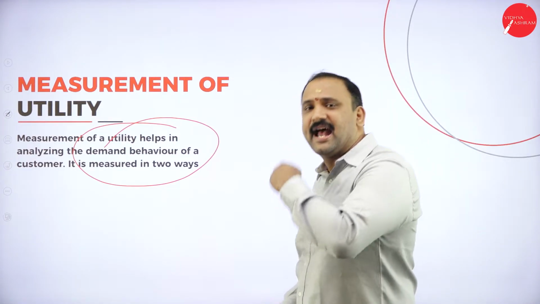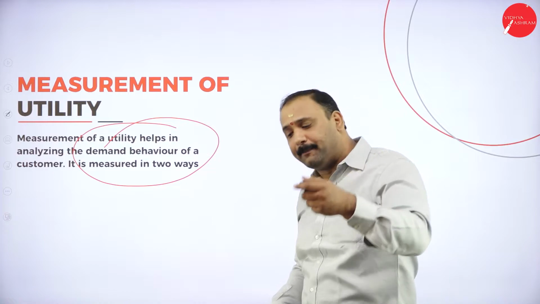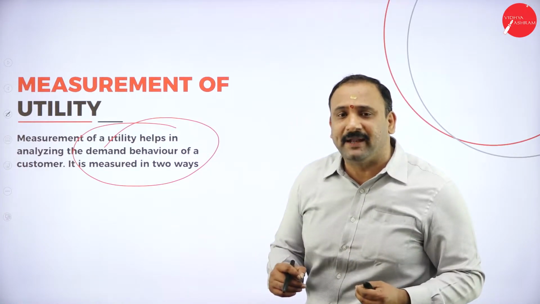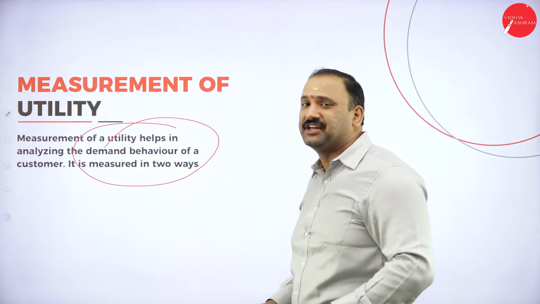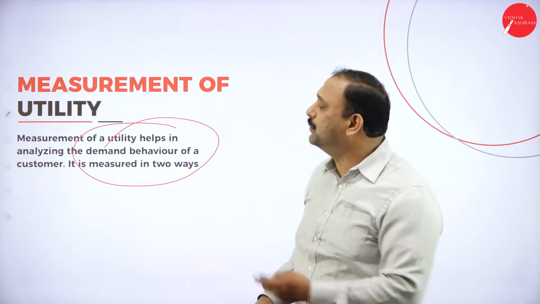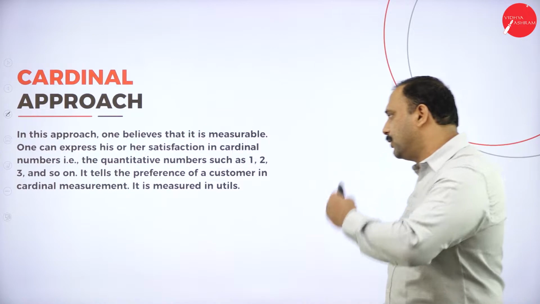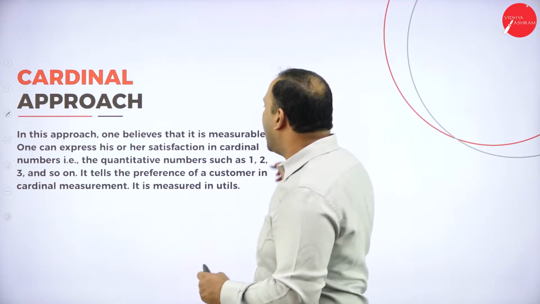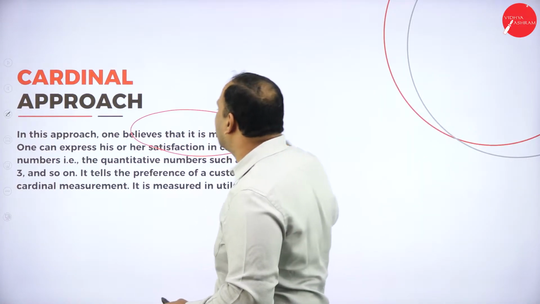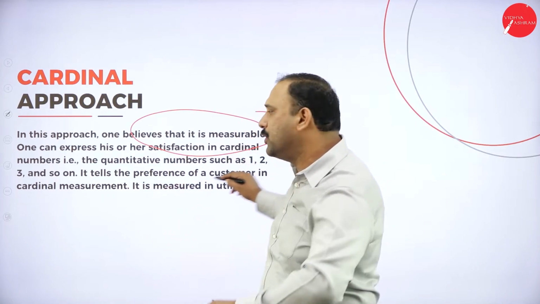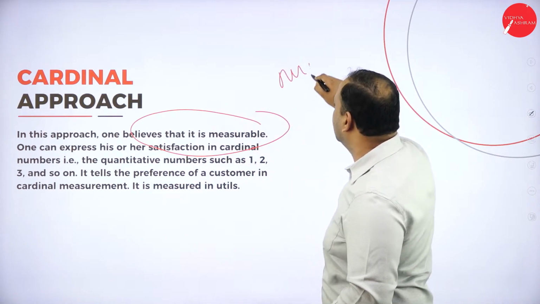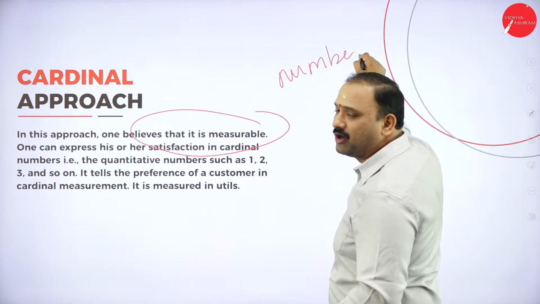Now let's see what are the two approaches that we have in place in order to measure the utility value. Moving further, the first one is the Cardinal Approach. In this approach, one believes that it is measurable, which means we are going to talk about numbers. Why do numbers matter a lot for us?